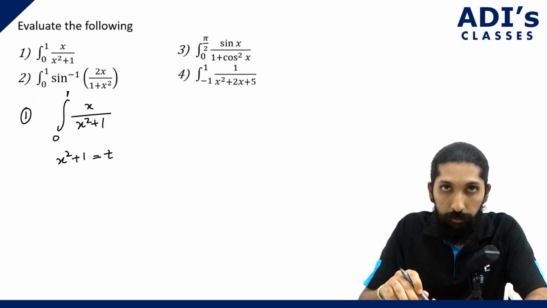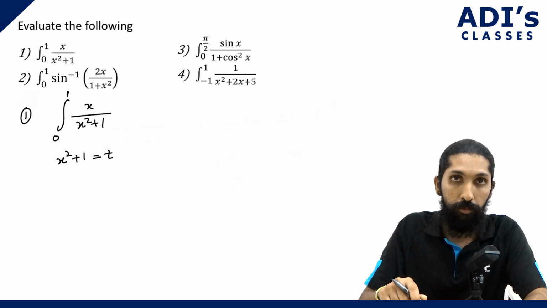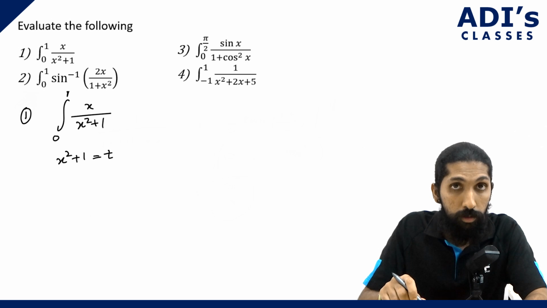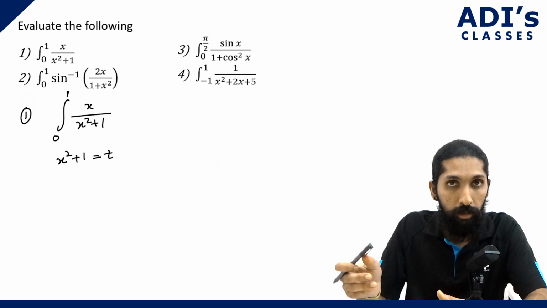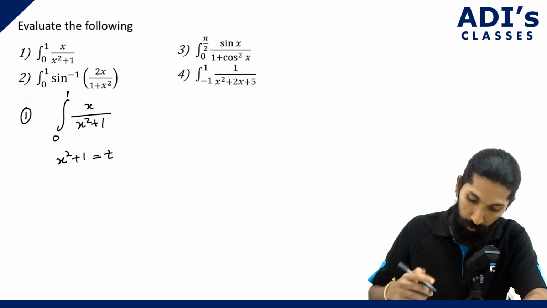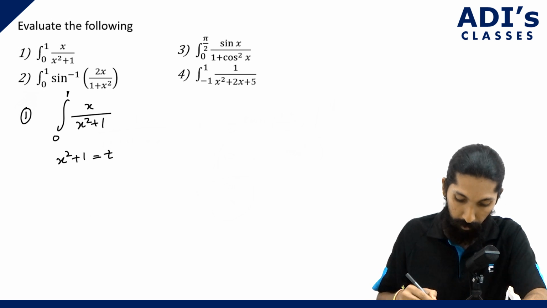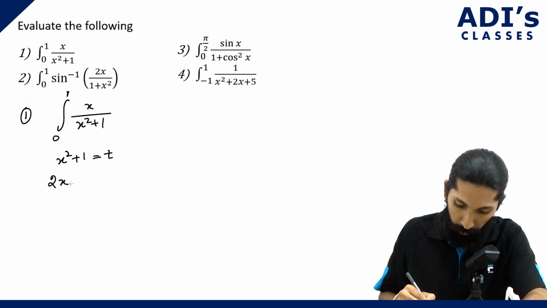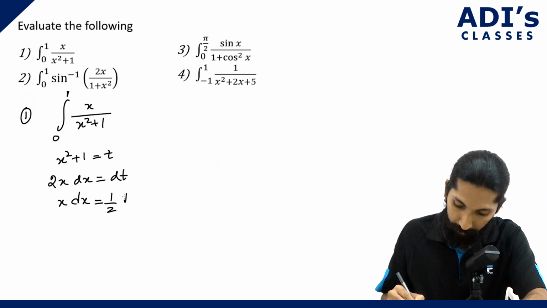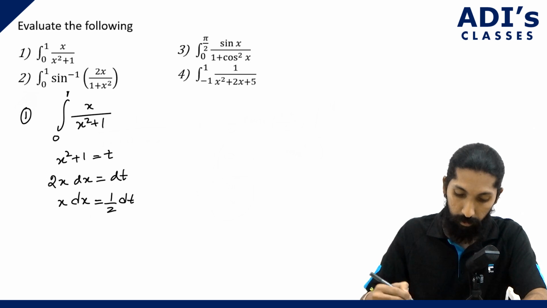Remember, you can choose any of the methods, method 1 or method 2. It's up to you. If you want to use the first method, go ahead and do it, or the second method, go ahead and do it. So here you have x square plus 1 as t, 2x dx is equal to dt, or x dx is equal to half dt, right?